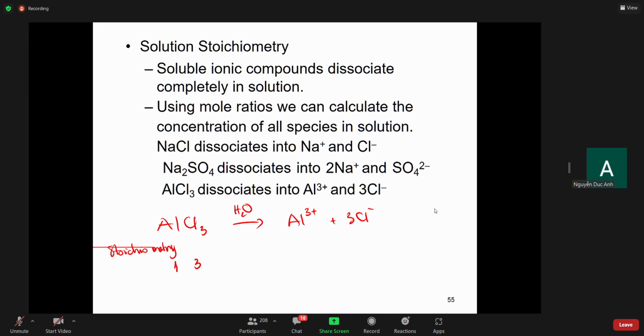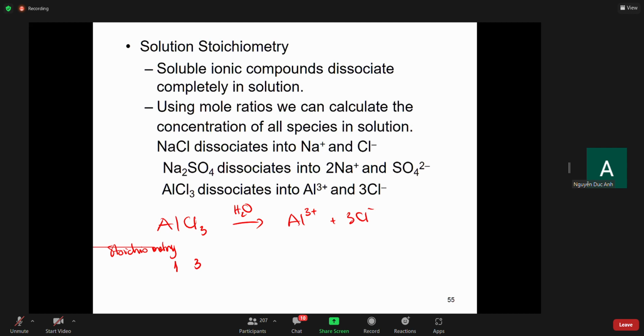So, okay, let's continue with stoichiometry. The stoichiometry is the ratio of the components inside the molecule. For example, in the molecule of aluminum chloride, you have one aluminum combined with 3 chloride, so the stoichiometry of them is 1:3.